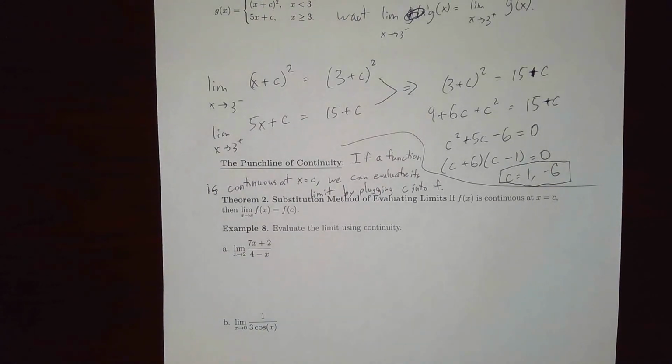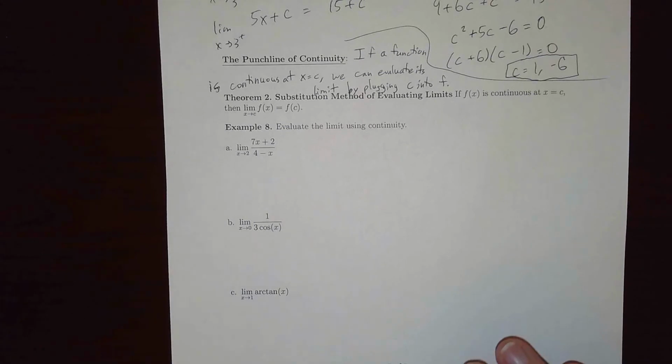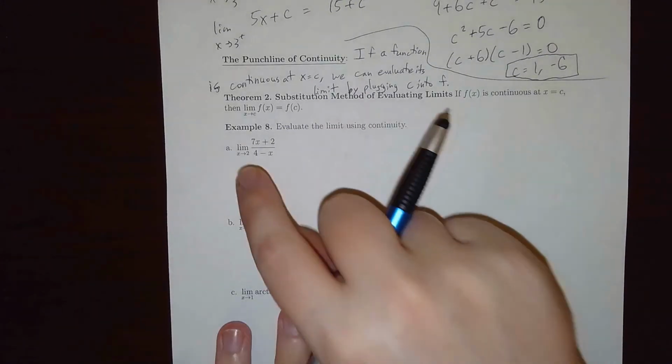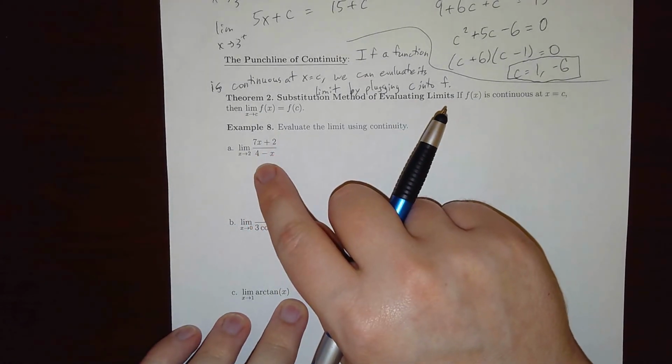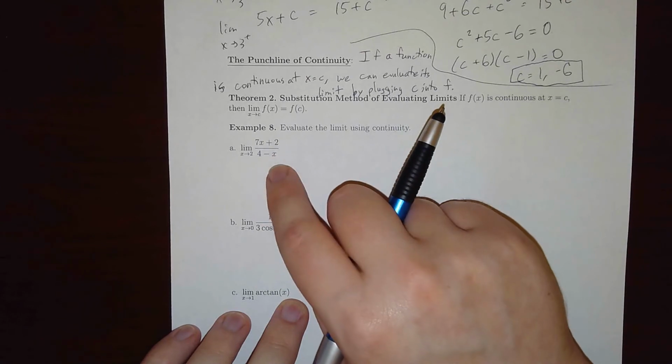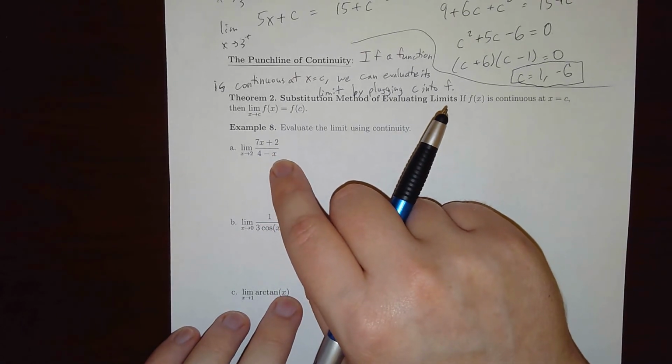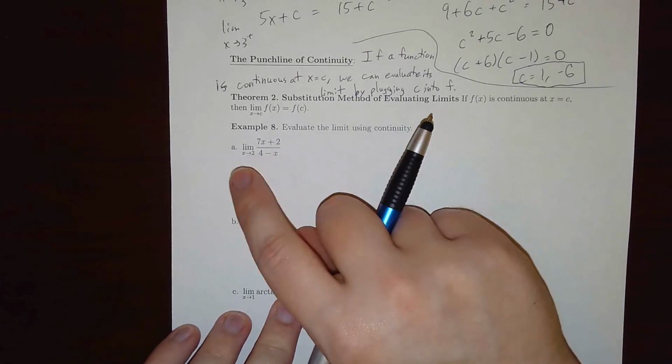All right, so we want to evaluate the last three limits here using continuity. First and foremost, the limit as x approaches 2 of 7x plus 2 over 4 minus x. Here our discontinuity is actually at x equals 4, which isn't a problem.